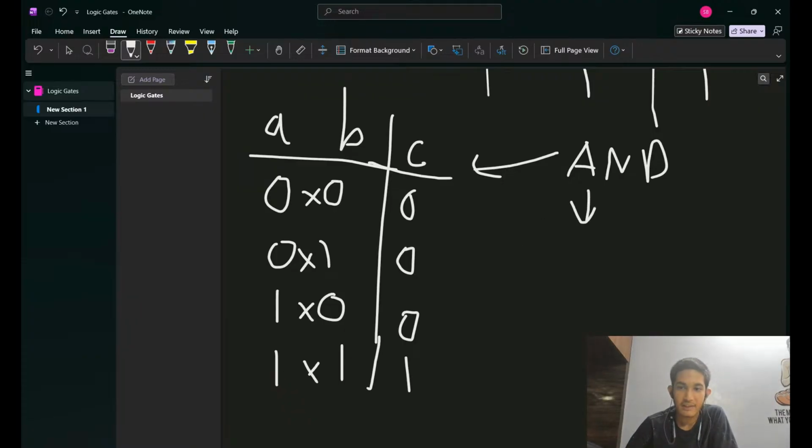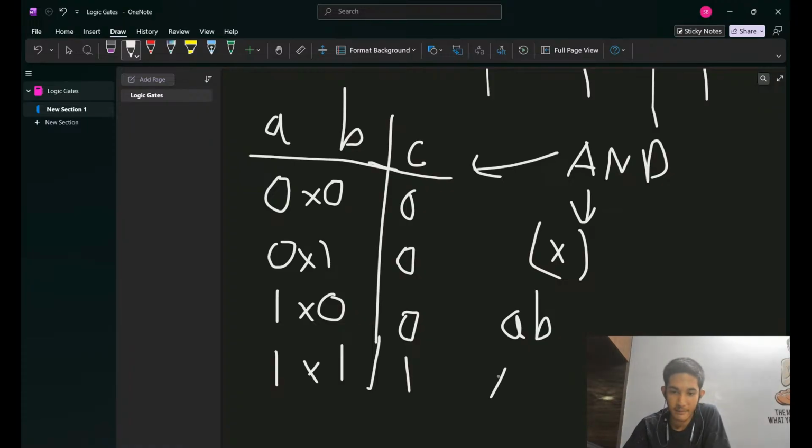So this can also be represented as multiplication. One way of writing this in Boolean algebra, I'll tell what that is in a minute, is AB. This is A and B, same thing. These two are the same.